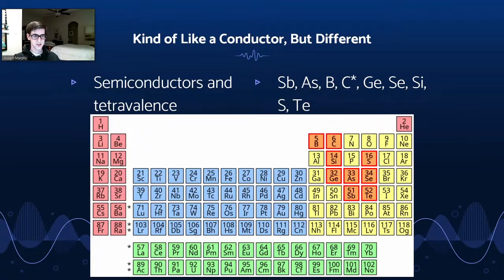This is particularly a useful quality for semiconductors because it allows the atoms to form a bunch of covalent bonds with surrounding atoms and form, what's the word I'm looking for? An unbroken crystal structure such that electrons can move throughout the entire structure freely, versus something like a molecular solid.